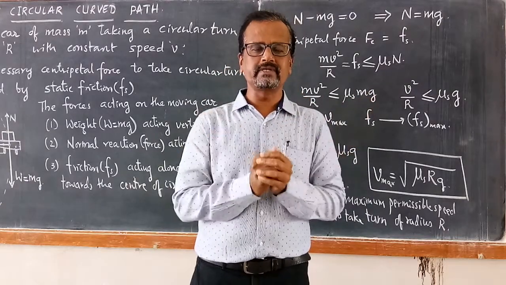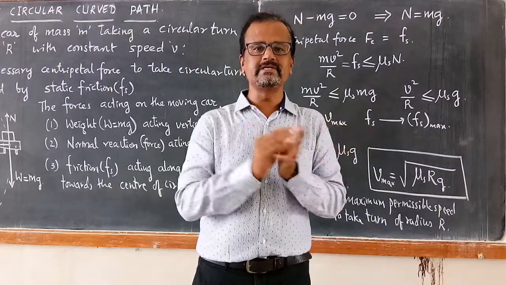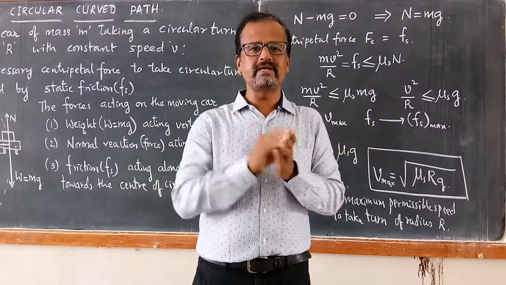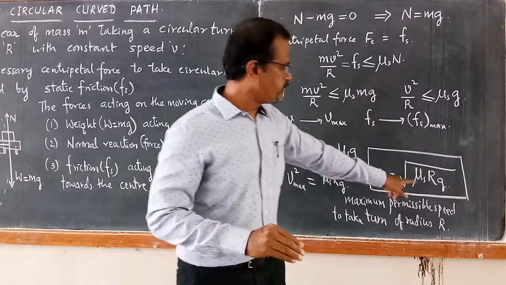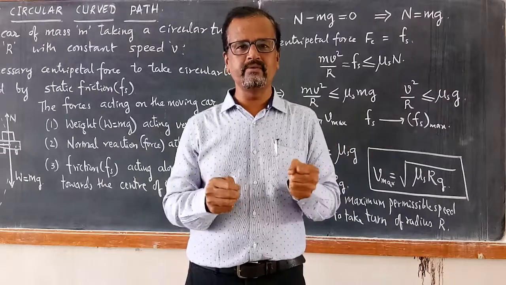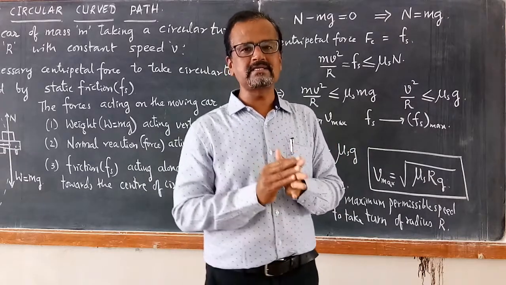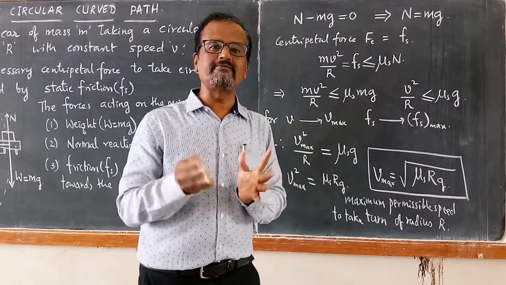It depends on the condition. If the road is wet during rainy season, the road surface will be wet, then mu s will be very low. Then the vehicle has to take turn very slowly, very carefully. So another provision is you have to make the road rough.